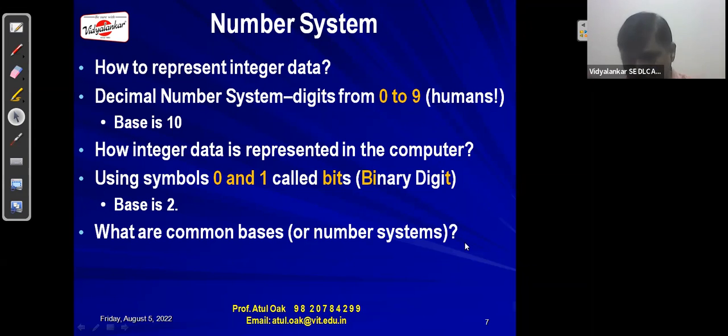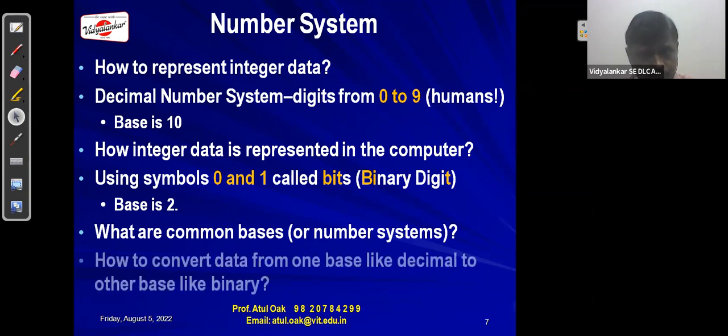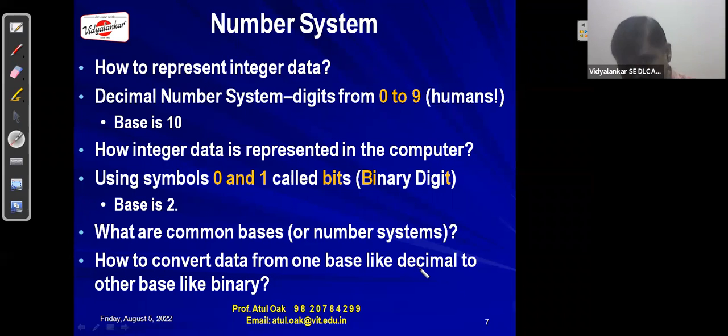And the second question is how we convert data of humans, that means decimal, to data of computers, that means binary.